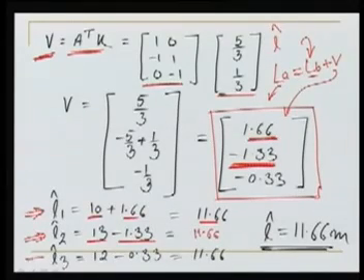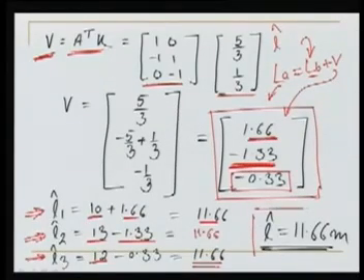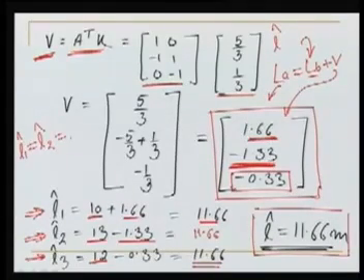Similarly, L3 hat is L3 plus V3. What is V3? It is minus 0.33. So again 11.66. So what we observe here, L hat, something which was desired, is 11.66, as we are observing the L1 hat, L2 hat and L3 hat are now same.